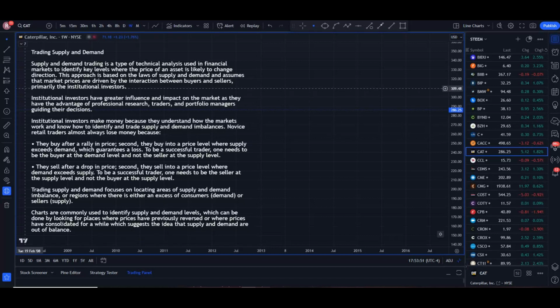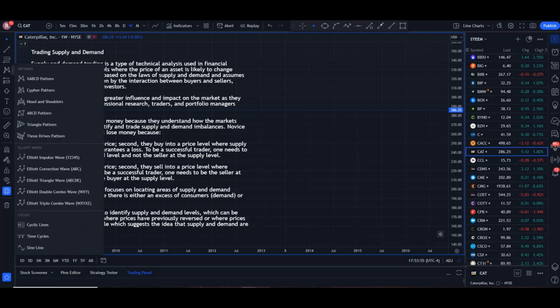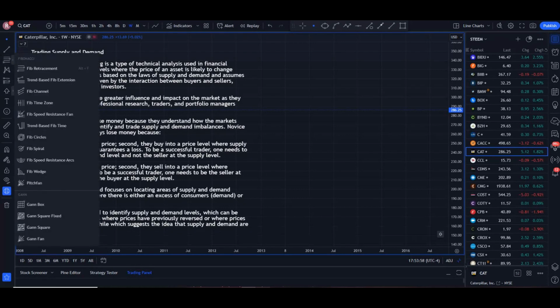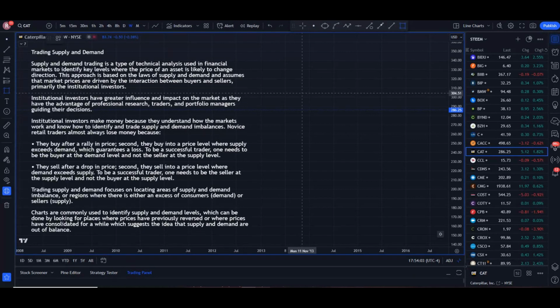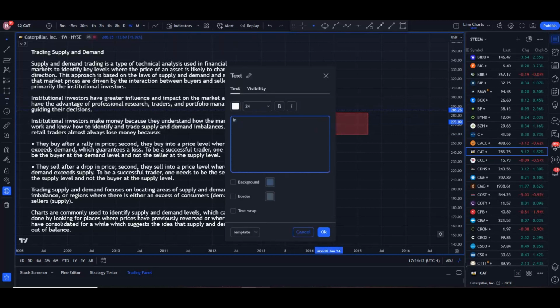So let's expand on the institutions. Who are the institutional investors?